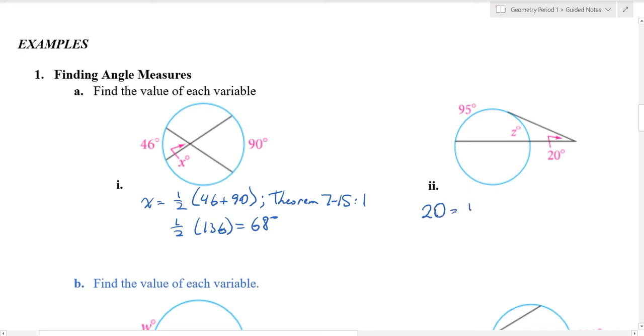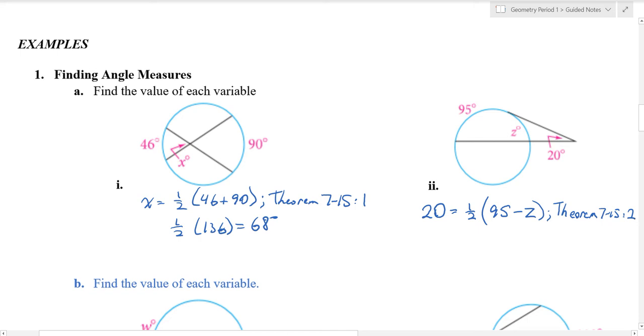equals 1/2 times (95 minus z). That is because of Theorem 7-15, case 2.